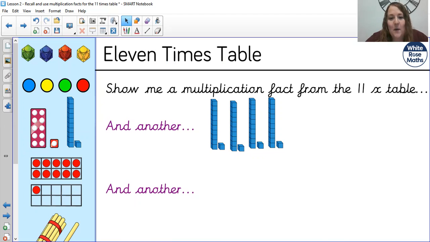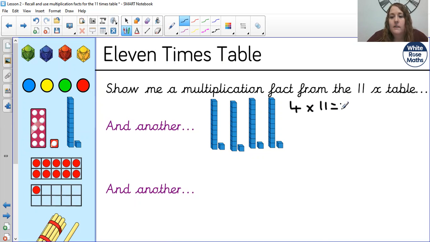Brilliant, well done for having a go at that. If you then would like to have a go at writing the facts to go with them, that would be brilliant. So for my one, I would write 4 times 11 is 44. Oh, that's a very bad 44, apologies for that.